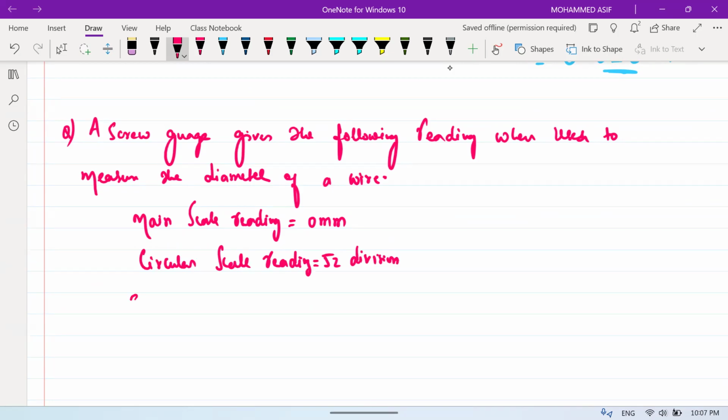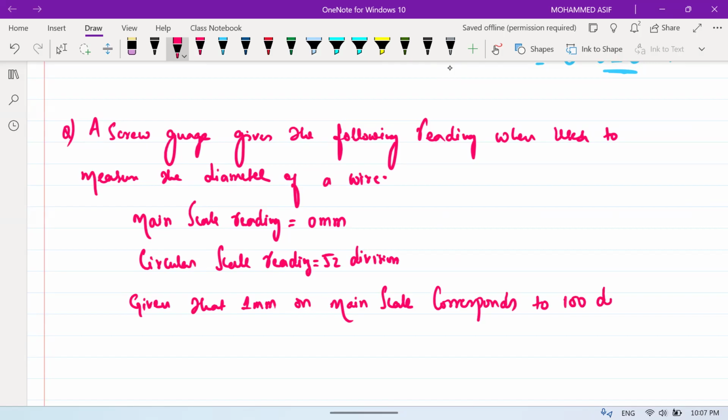And it is given that 1 mm on your main scale corresponds to 100 divisions of the circular scale. So the diameter of the wire is how much?